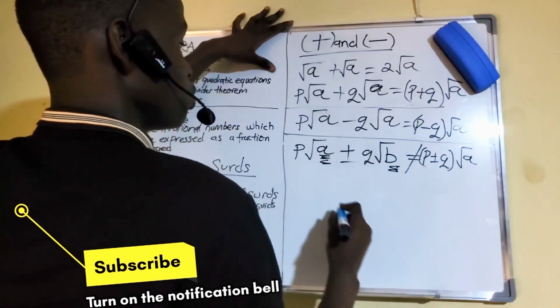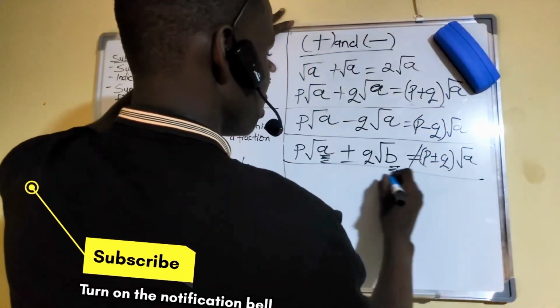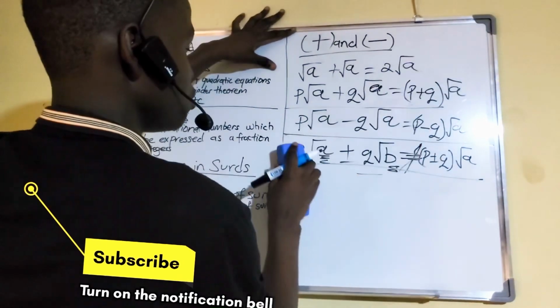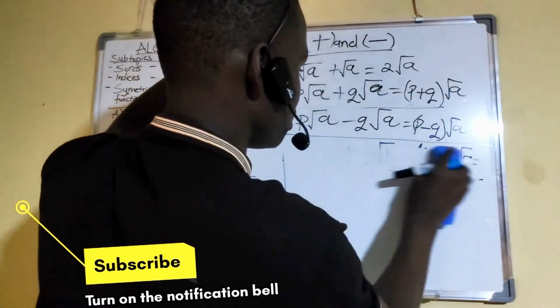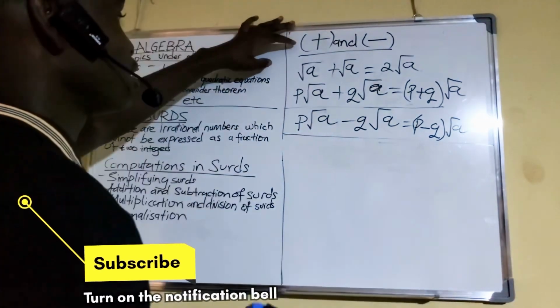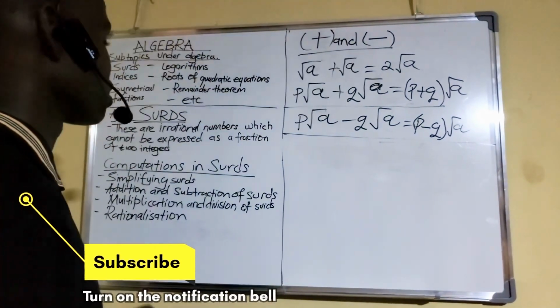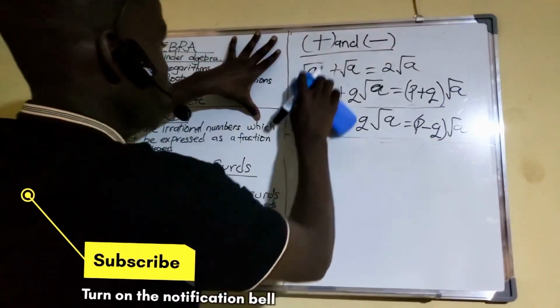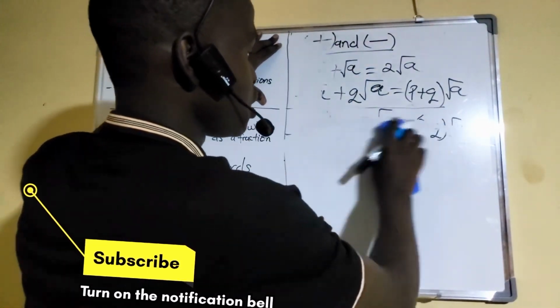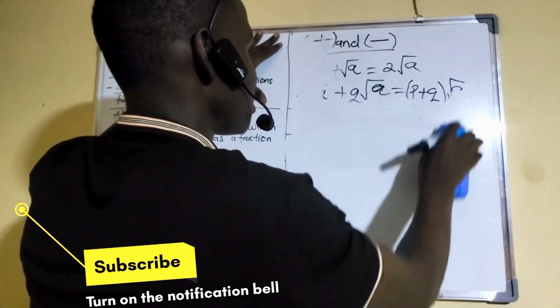Okay, so this doesn't hold. This is not true in mathematics. Maybe I can even try to erase it. So this is addition and subtraction. We are going to continue with multiplication, then later on look at simplifying surds.